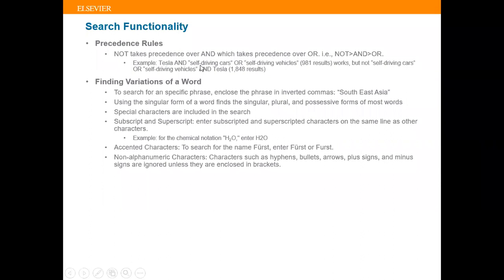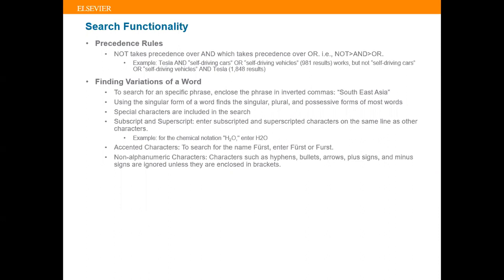So if you enter your search in a different precedence or different sequence, then you will get a different number of results. For example, if we search Tesla AND self-driving cars OR self-driving vehicles, then we will get about 1,000 results.